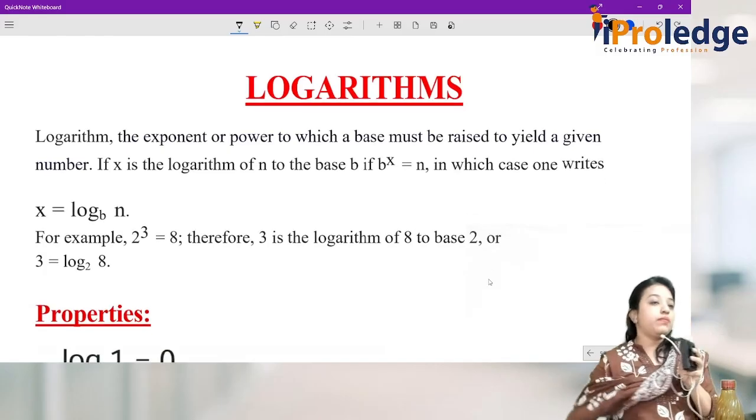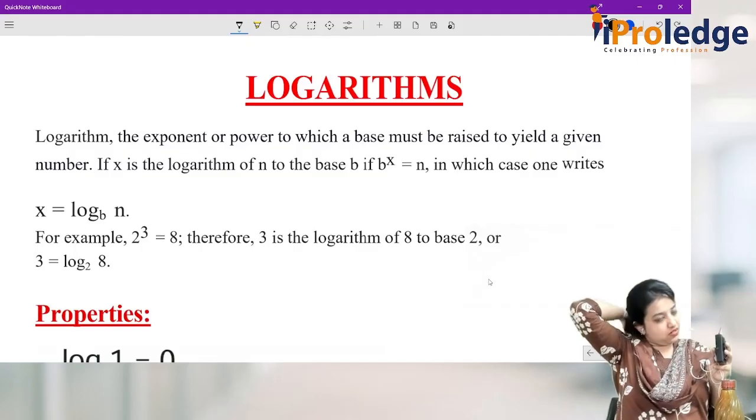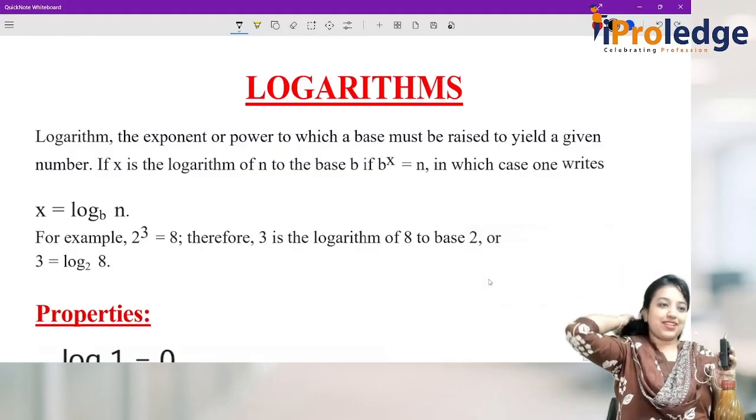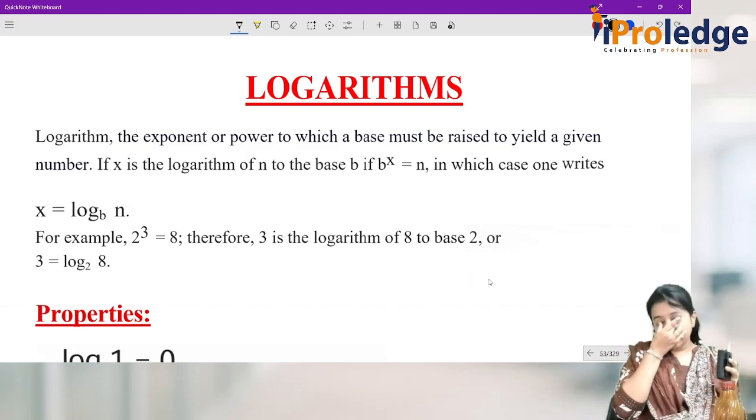Logs. What do you think by logs? Logs and range. What do you mean by logs?